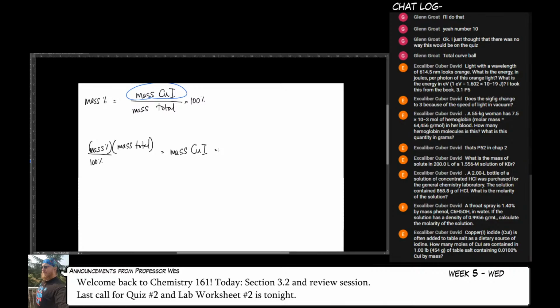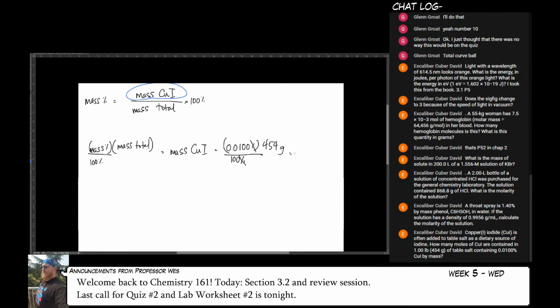And so the mass percent was 0.01% over 100%. So the units cancel out. Times 1 pound, which is 454 grams.